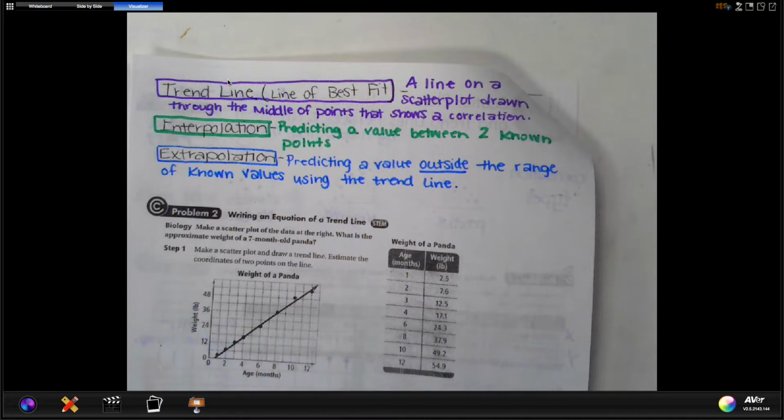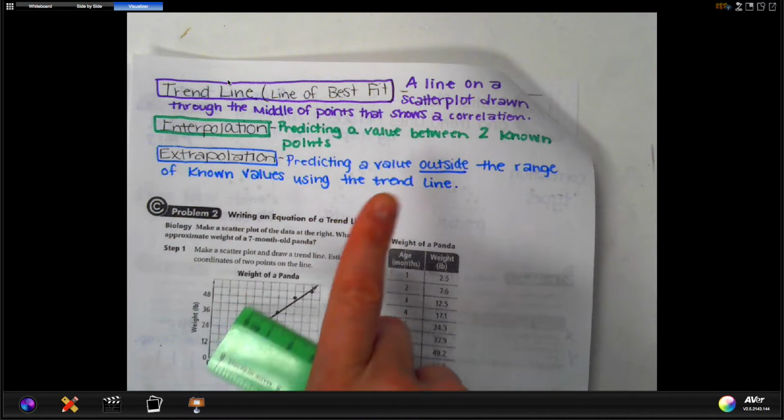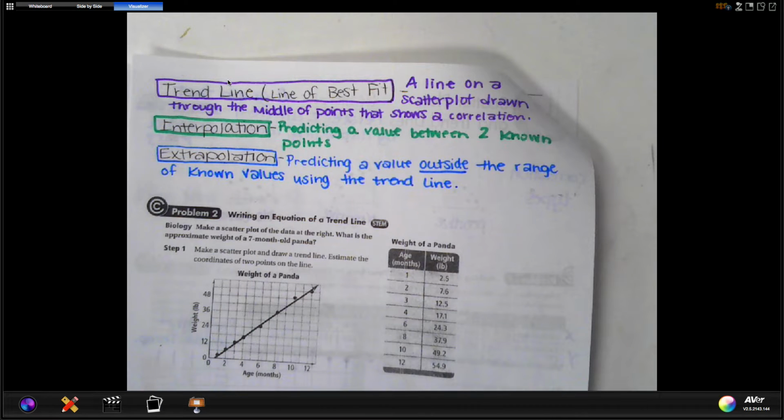But we could draw a bigger graph and draw a line out from it and predict what we think the temperature would be at 6,000, outside of the data that was collected. That's extrapolation. All right, so I'm going to read this while you guys are finishing writing it down. If you are online right now, you can pause the video and write those definitions.